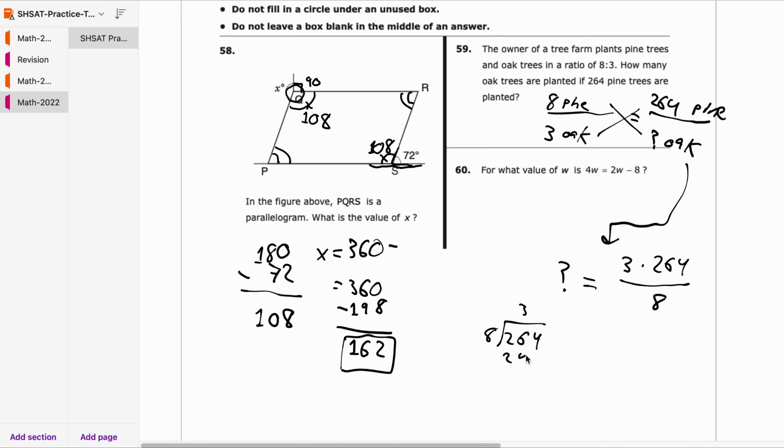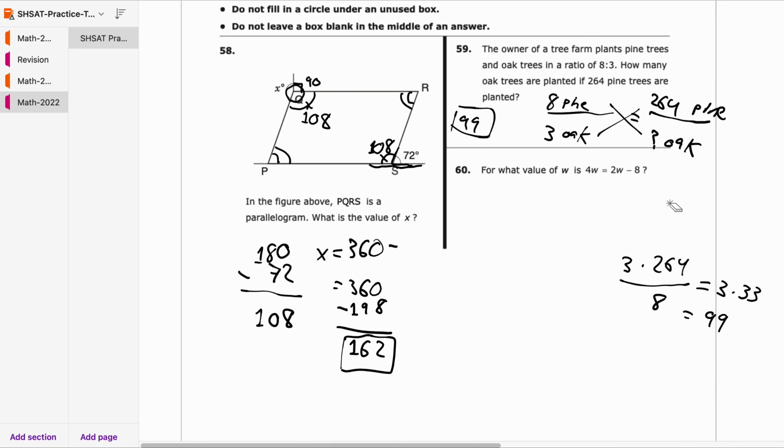Okay, so 264 divided by 8 is 33, so this is just 3 times 33, which is in turn 99. So that would be our answer here. So we have 99 oak trees planted. So now let me erase some of this so we can do question 60.